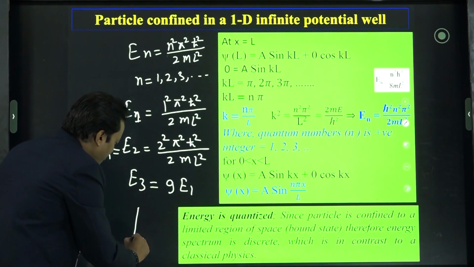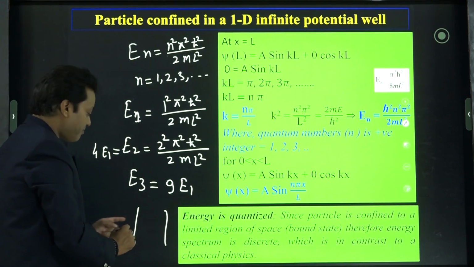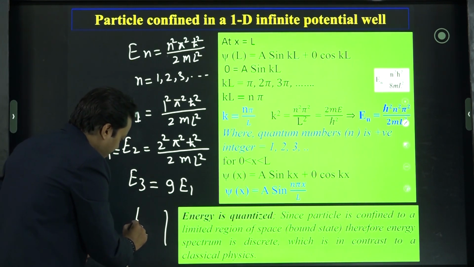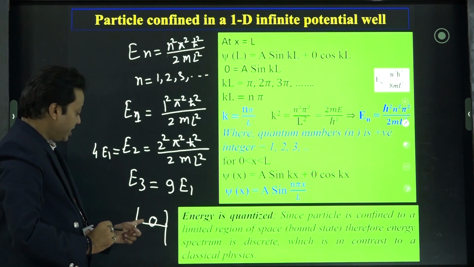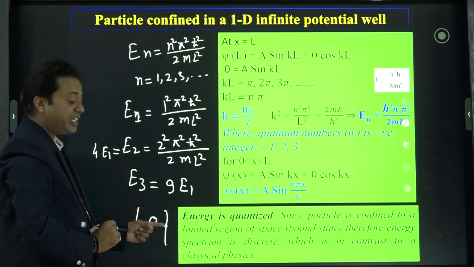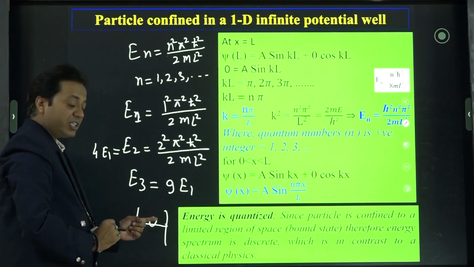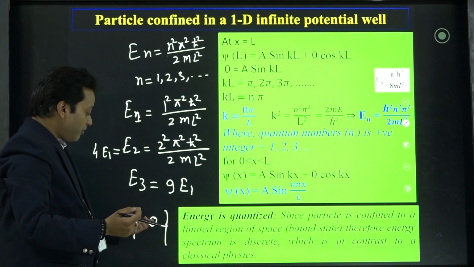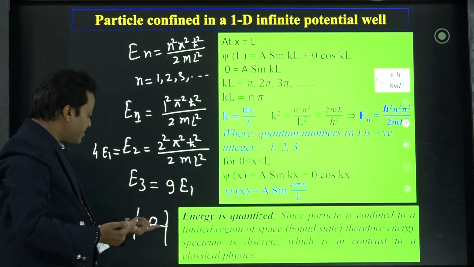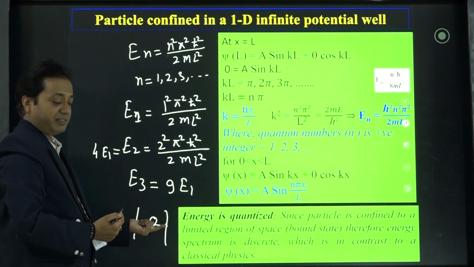Means if we have a wall on two sides and a cricket ball or any marble is moving in this, which is a classical body, then what will be the energy of this ball? This ball can have any energy. Why? Because of different energy, its motion will be different.